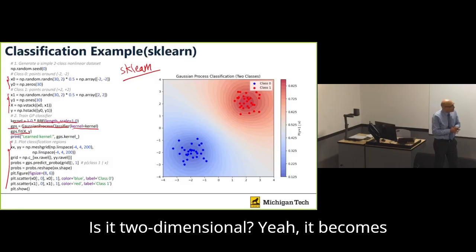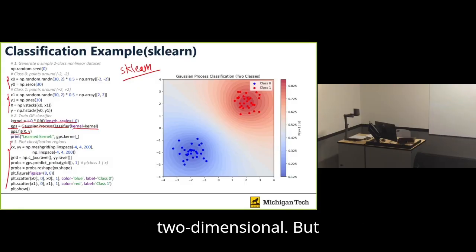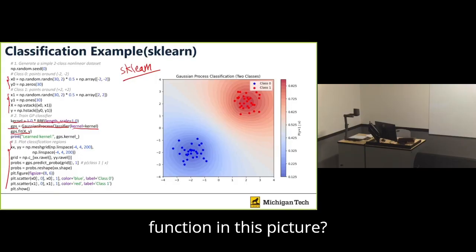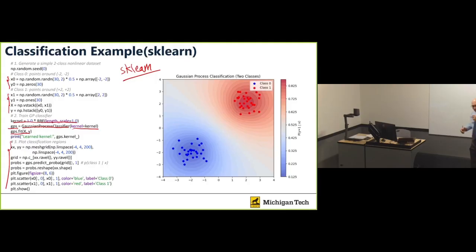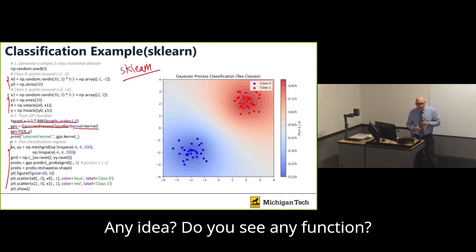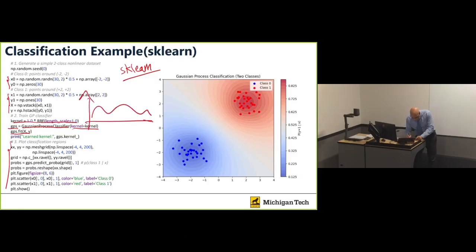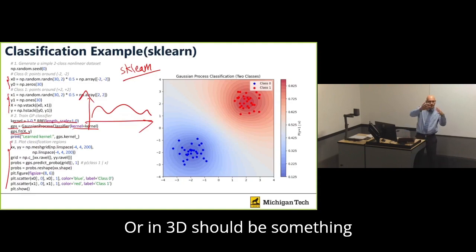Yes, it is already two-dimensional, because we have x0 and x1. But where is the function in this picture? Any idea? Do you see any function? A function needs to be like this, or in 3D it should be something like in 3D.